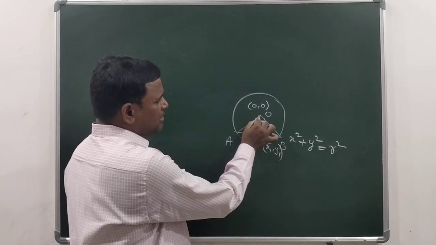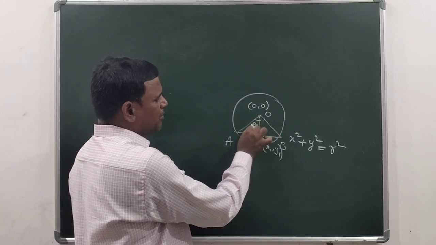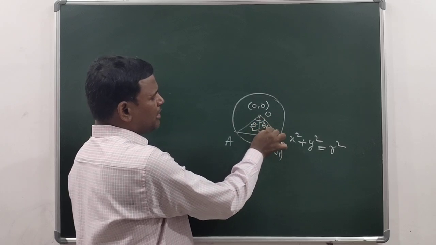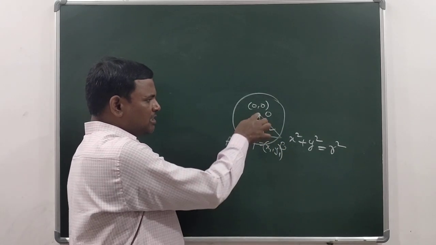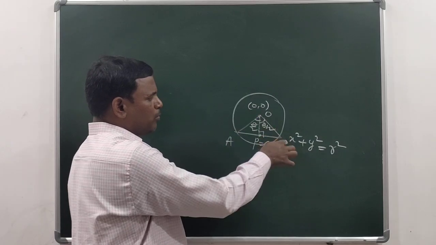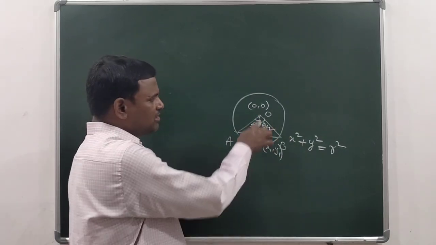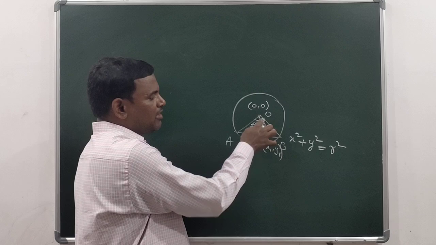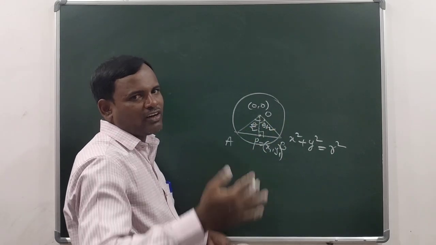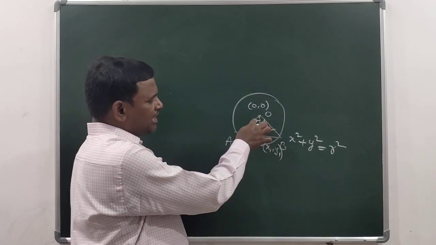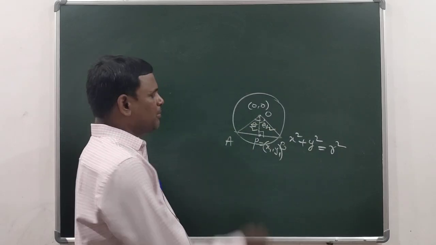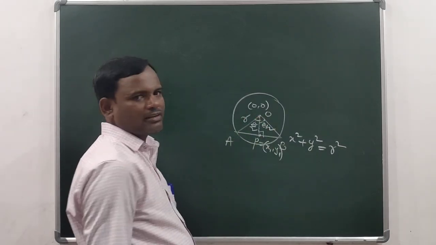Now this angle will be how much? Theta by 2. This one also theta by 2, because this is an isosceles triangle. OA, OB both are equal, no? So hence this altitude will divide this vertical angle into two equal halves. So this angle is theta by 2, this angle is theta by 2, this is radius R.